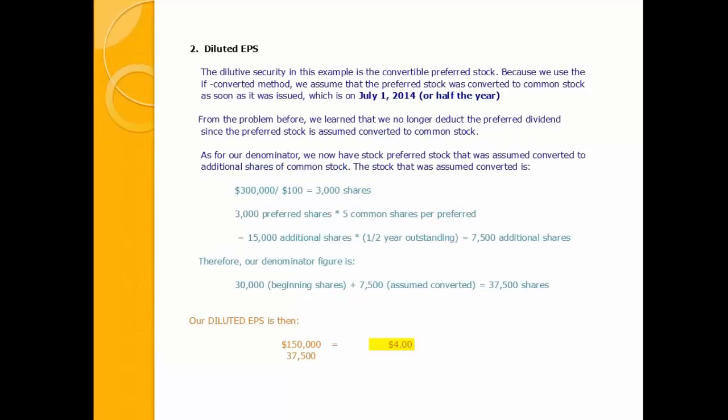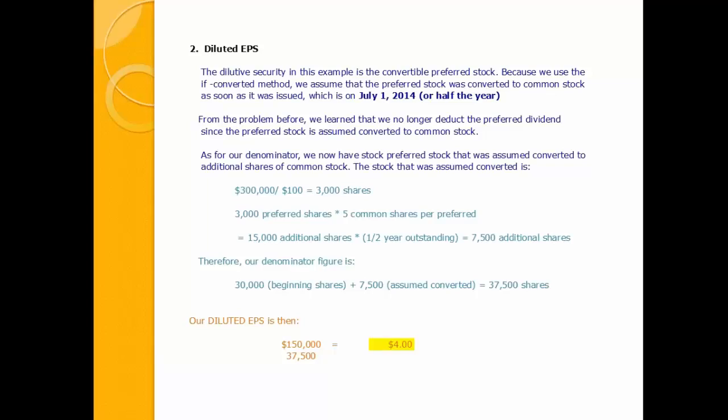In this case, we issued the preferred stock on July 1st. And I will tell you again, just to clarify, this problem actually had a date wrong: we actually issued the preferred stock on July 1st as opposed to January 1st.